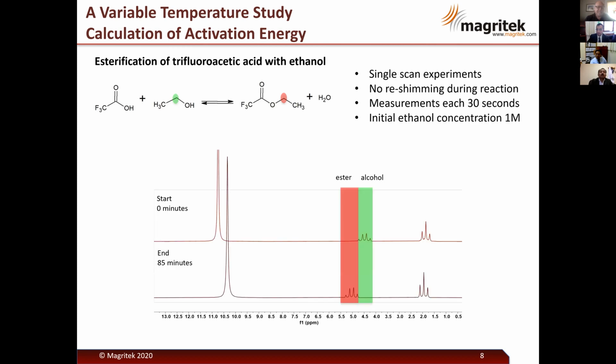And here at the bottom, we have the stack plot of 1D proton spectra showing the reaction mixture at the start of the reaction. We can see the quartet belonging to the alcohol, or the ethanol reactant. And then at the bottom is a 1D proton spectrum of the reaction mixture at the end of the reaction, where we observe the disappearance of the ethanol or alcohol signal and the appearance of the ester signal for the product.